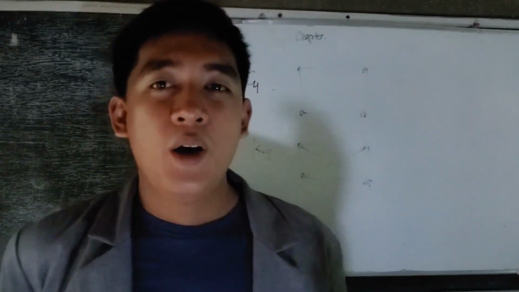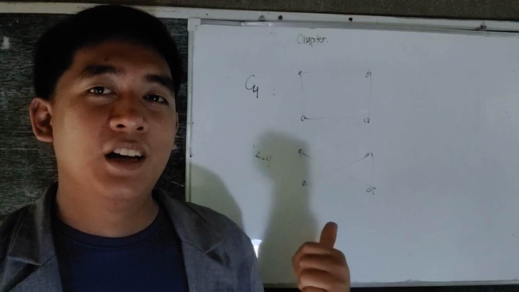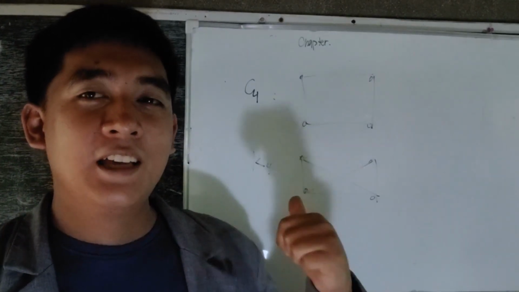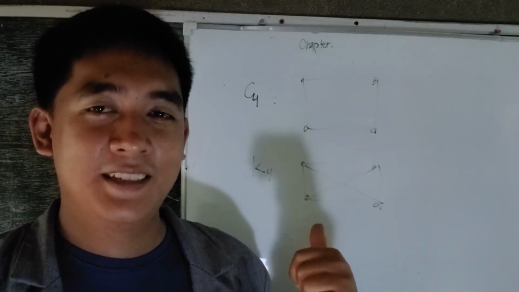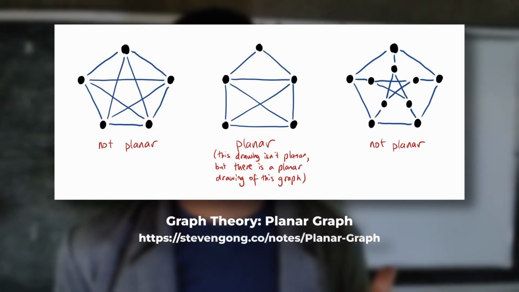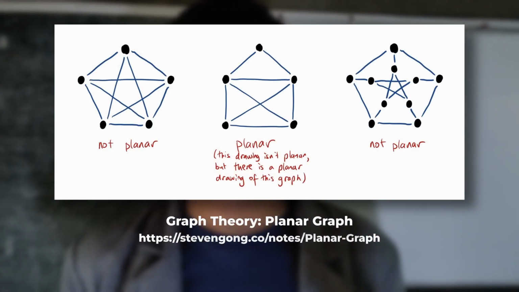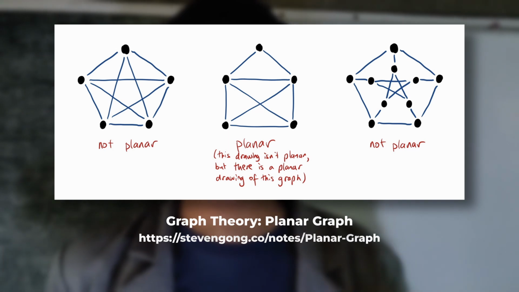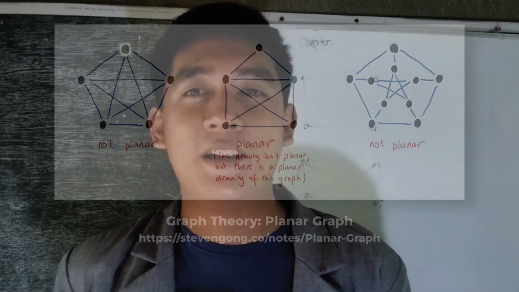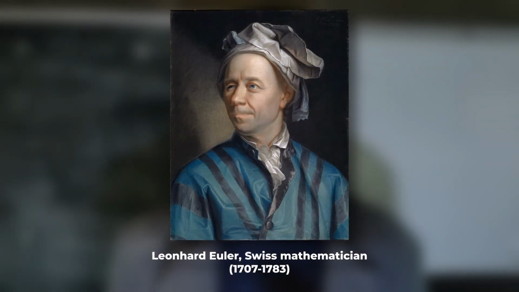Or specifically, can we draw K4 such that its edges do not cross? Now, this chapter explores a special type of graphs in which those drawings are possible, where we can draw a graph as another isomorphic graph in which no edges cross. And then, Euler's discoveries play a key role in this study.